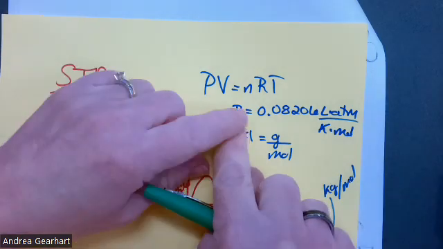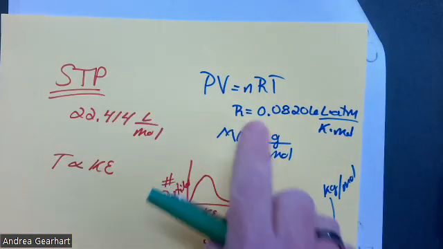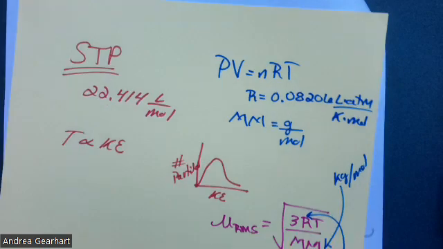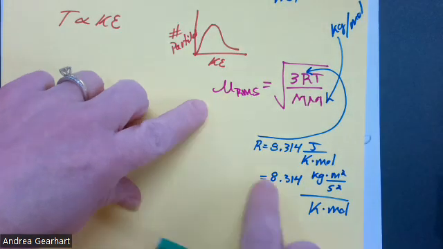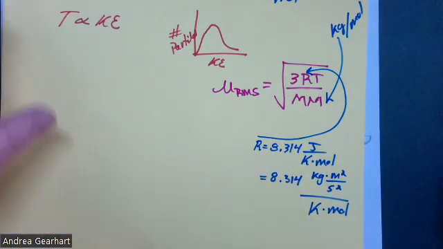For gases, the usual form of R, of course, is 0.08206. But because of what we're solving for, this is an exception.